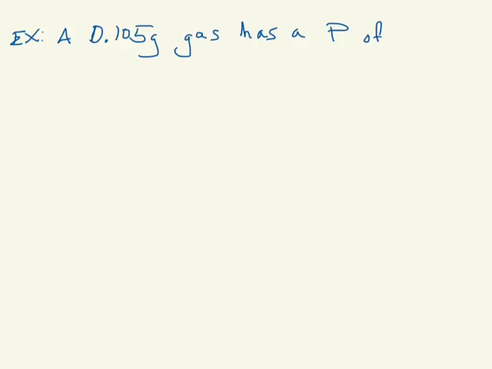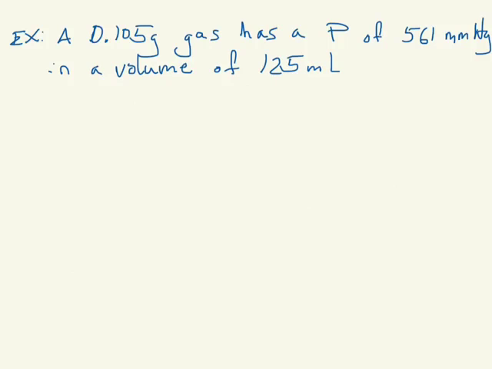Let's say it has a pressure of 561 millimeters of mercury. And its volume is 125 milliliters. So let's say I've got it contained in a 125 milliliter container.